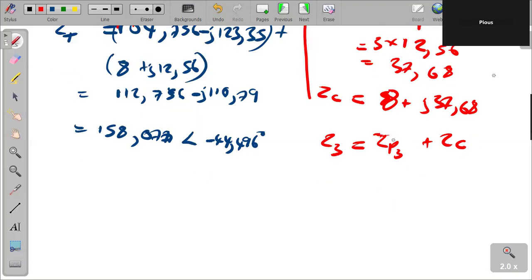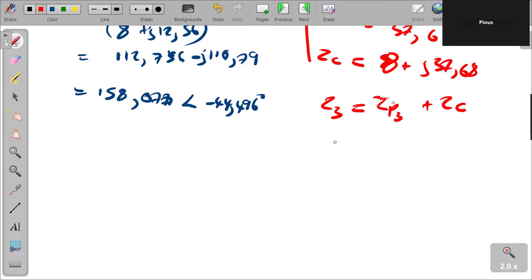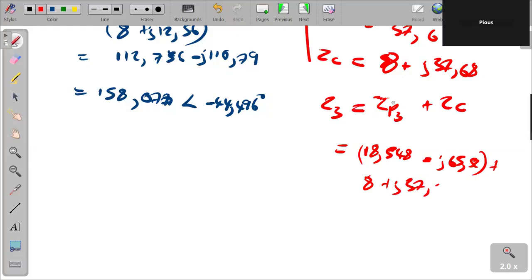Which means we can therefore say 18.548 minus j 65.52, plus our ZC 8 plus j 37.68. There we are.